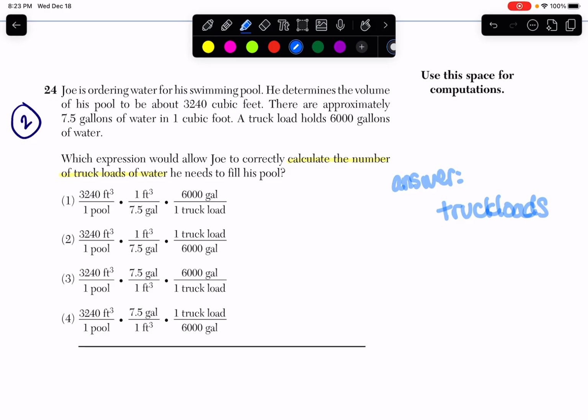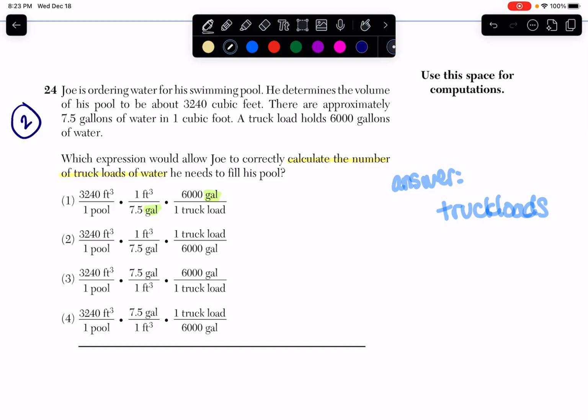Right? In these problems, the numbers do not matter. All that matters is the units. And the same way that you can cancel something from the top and the bottom of a fraction if it's a number, you can also cancel something from the top and the bottom of a fraction if it is units. So what do I mean by that? If I look at answer choice 1, notice that I have gallons on the top and the bottom.